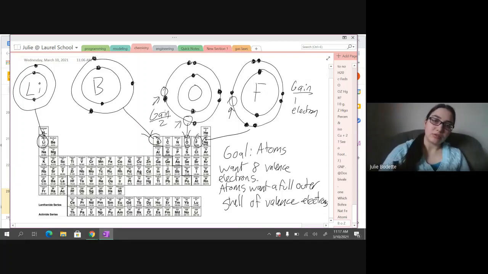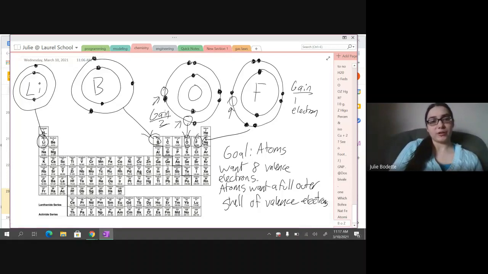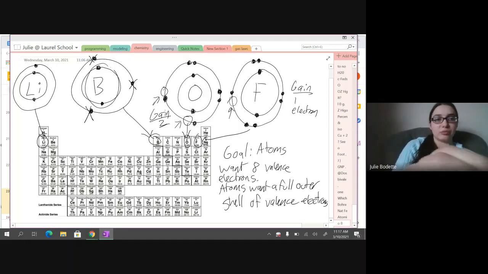Boron. So here's the thing about boron. It kind of wants to lose electrons, because if it loses this electron, this one, and this one, then there's nothing in this outermost shell. So we'll go to the next shell in, and this shell right here is full, right?